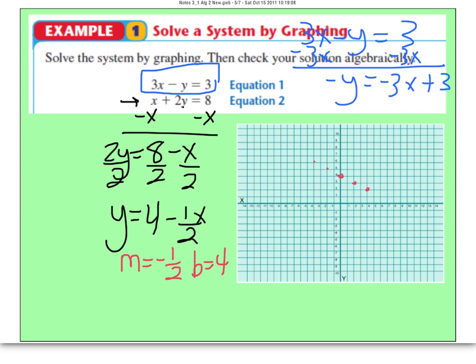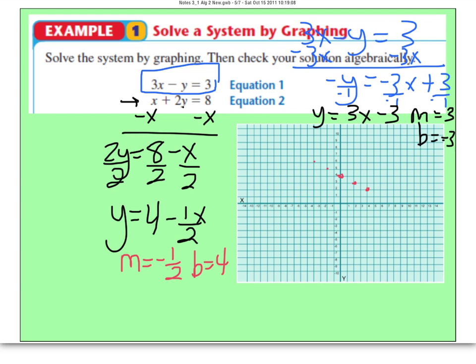I'm going to get rid of this negative here, so divide everything by negative 1. So the equation we're left with is y equals 3x minus 3, because negative 3 divided by negative 1 is 3, and positive 3 divided by negative 1 is negative 3. From that, I can get that the slope is 3, and the y-intercept is negative 3.